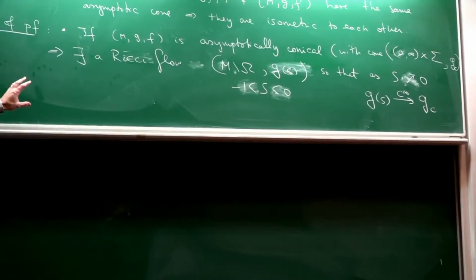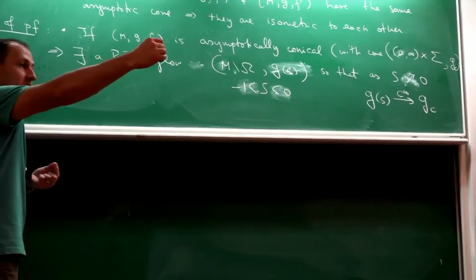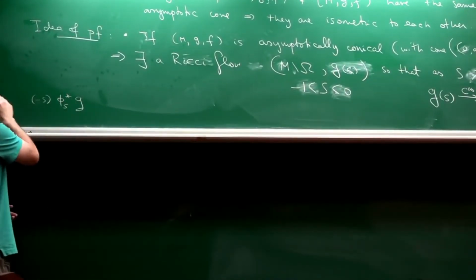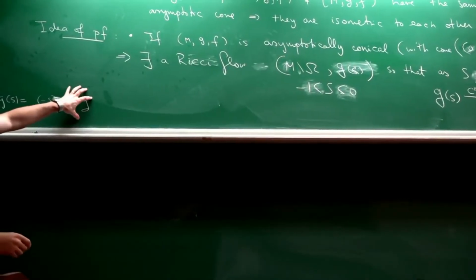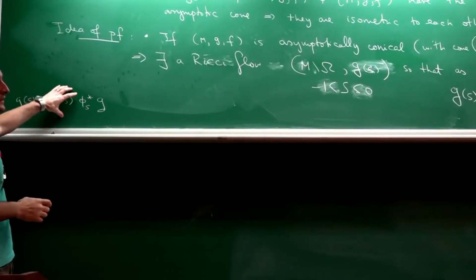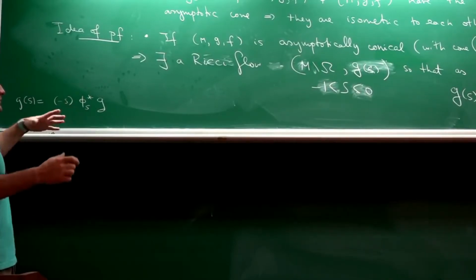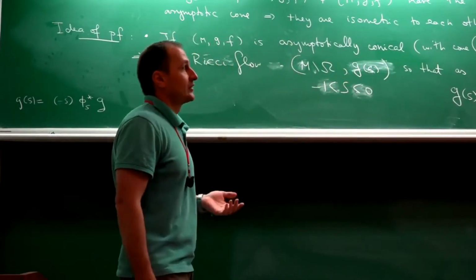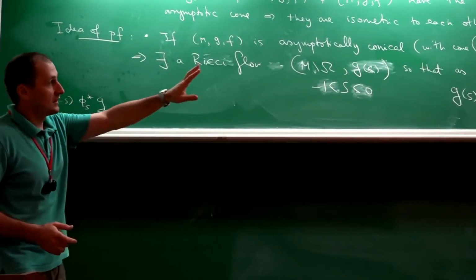So the reason for this is the intuition behind the flow: it is a self-similar solution. You're just flowing points around. You're going to infinity, and then you're rescaling your solution. That's what the flow does. If you remember, it was something like minus s phi_s star of g, and this was g(s). So you go to infinity, and you're rescaling by a small factor, you're scaling down. That's why I prefer not to use t, because I want to compare that.